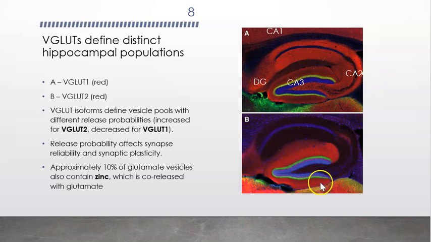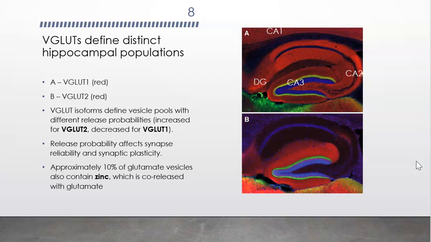In picture B, anything in red is expressing V-GLUT 2. It's the exact same area of the brain, just pictures taken for 2 different V-GLUTs. But because both are present here, how do the cells decide which vesicle to load glutamate into? It depends on what we want the release probability to be.